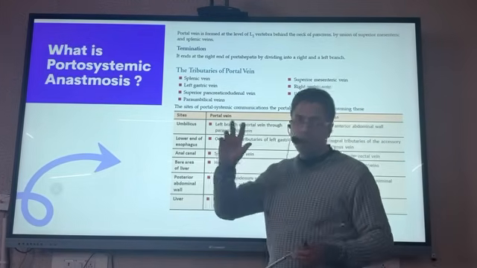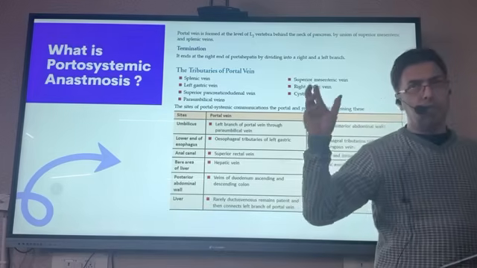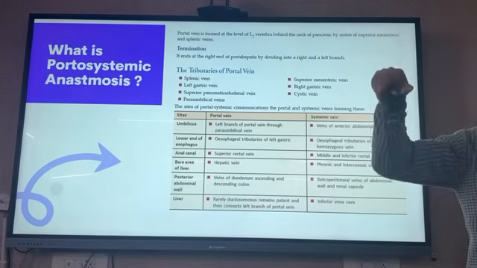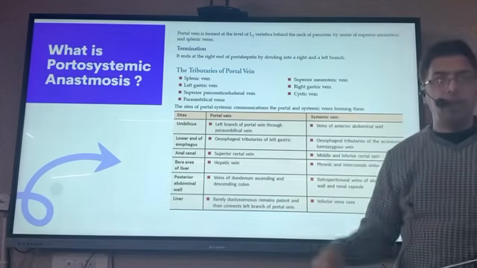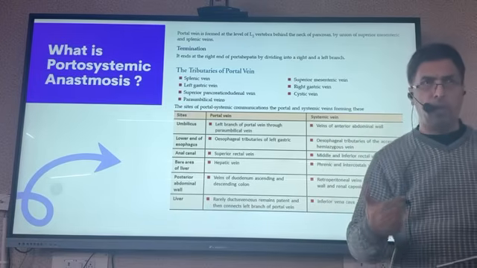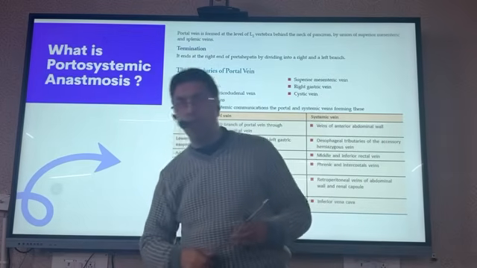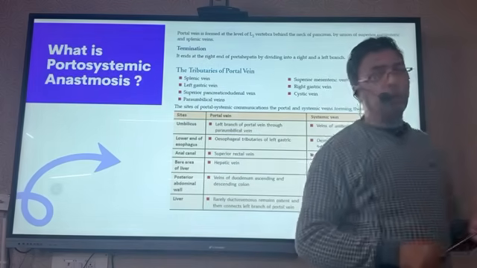These are some of the vessels which are sometimes asked as full questions. What are the branches of these vessels? I was mentioning arteries, but here this is one vein about which you are asked normally. You do not normally ask the branches of veins.